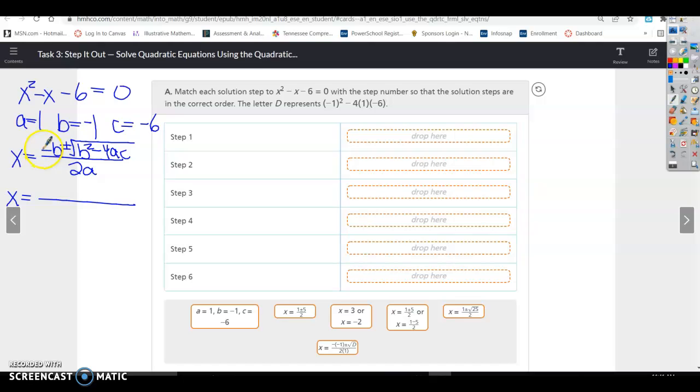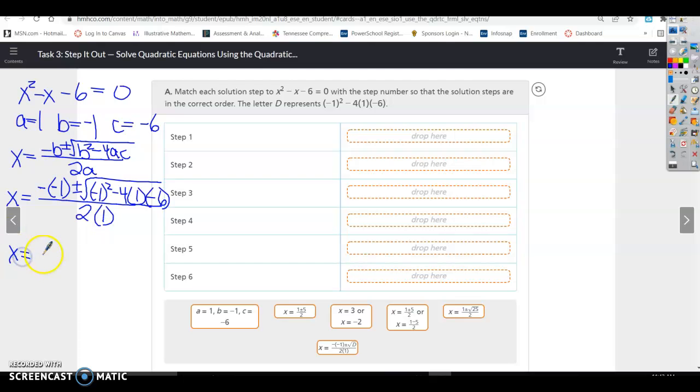Negative b, so the opposite of b, is the opposite of negative 1, plus or minus the square root of b squared minus 4 times a times c. a is 1, c is negative 6, and all of that's over 2a.